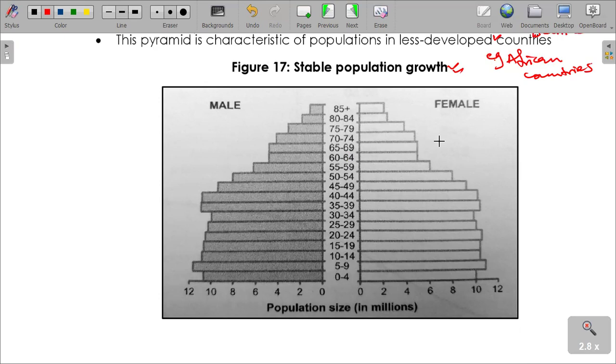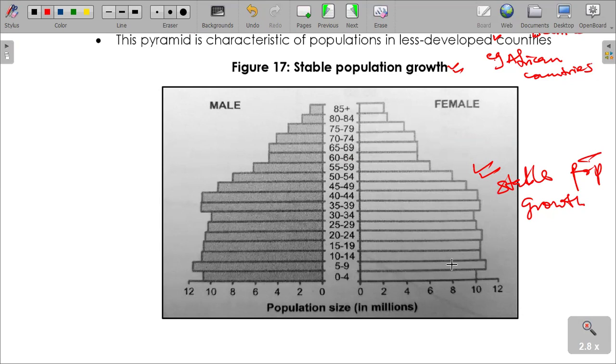So this population pyramid that I'm demonstrating now is showing a stable population growth.